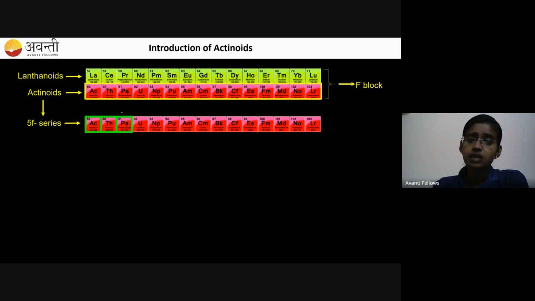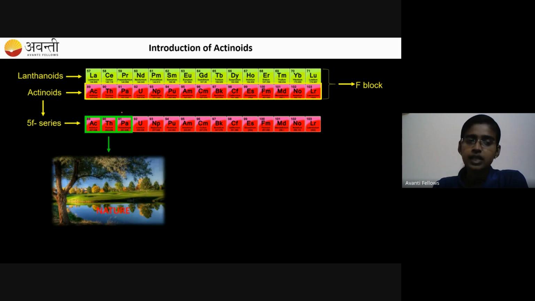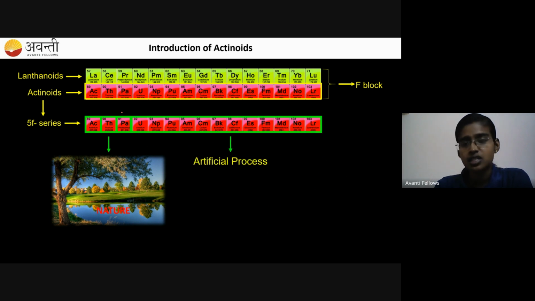Actinium, thorium, and protactinium exist in nature. These 3 elements exist in the atmosphere. The remaining elements from uranium till lawrencium are man-made elements, which can be obtained by artificial processes in the laboratory.